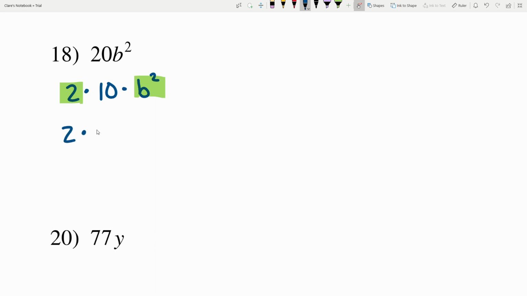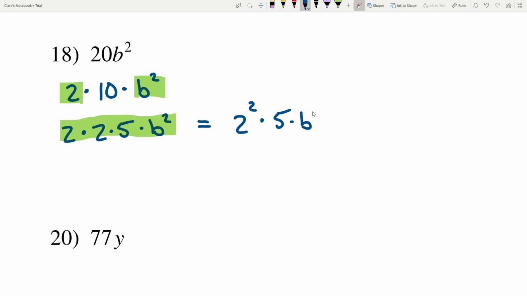So I'll have 2 times 2 times 5 times b squared. Now, because I have all prime numbers, I can now simplify. Because I have 2 2's, I'll have 2 squared times 5 times b squared. That's the prime factorization in number 18.